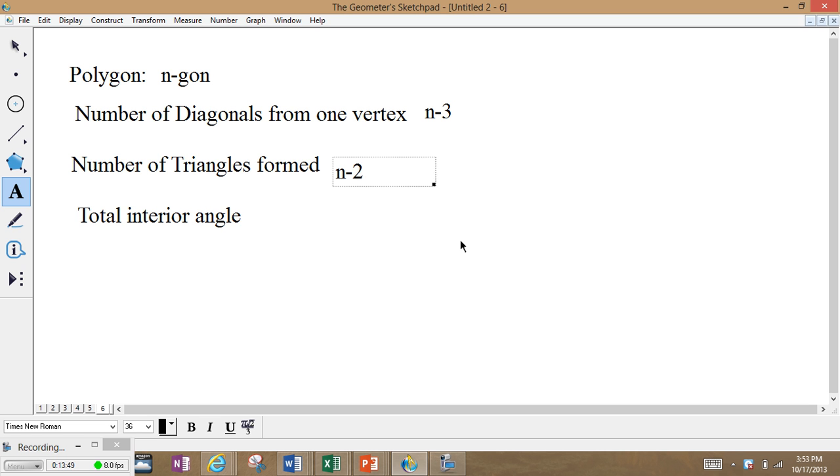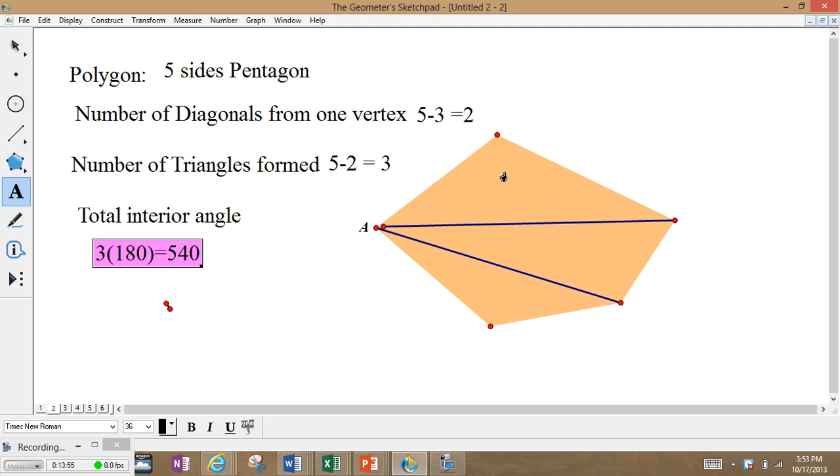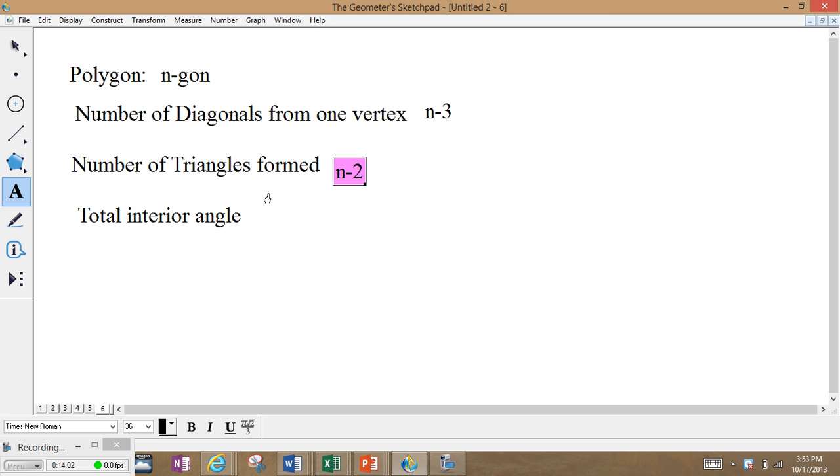And then what's the total interior angle? Well, again, why did we do this? We developed it into the number of triangles, knowing that each triangle has 180 degrees. So if we have n minus 2 triangles, each at 180 degrees, then the total interior angle would be n minus 2, times 180.